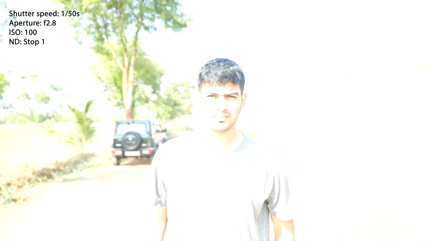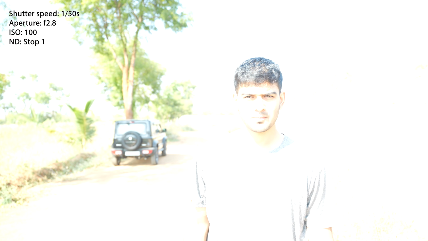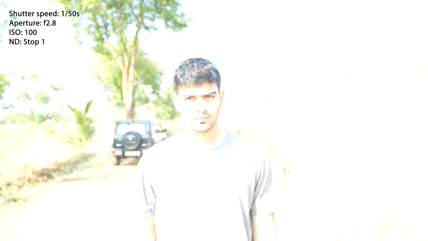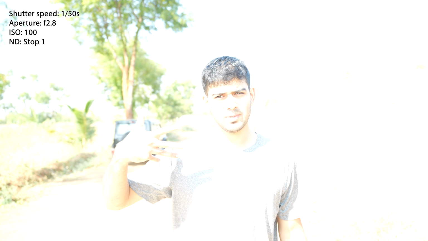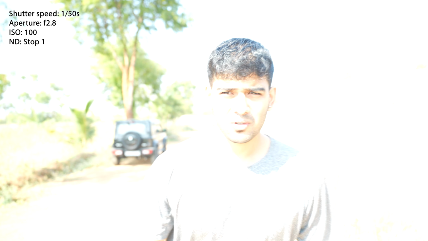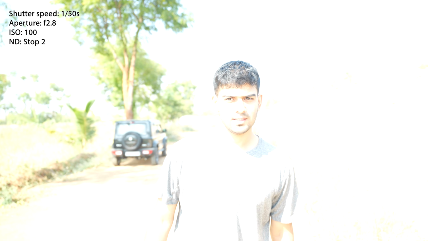So currently the ND filter is at 1 stop. How does it look? It has already balanced the image a little. I'm visible. Earlier I was not. I'm going to bump it up to 2 stops right now. So there you go. This is stop 2.